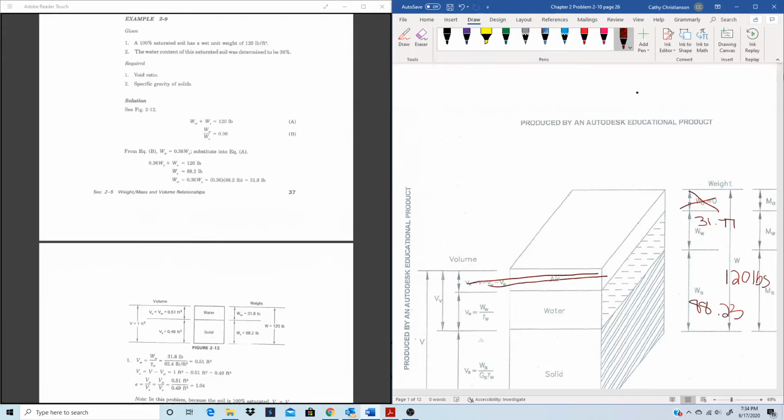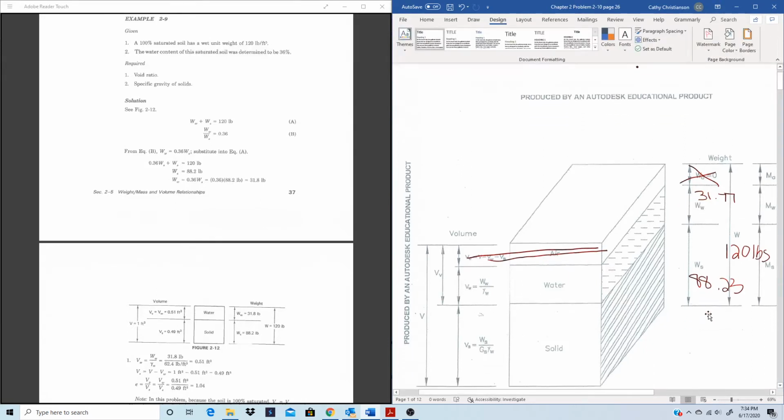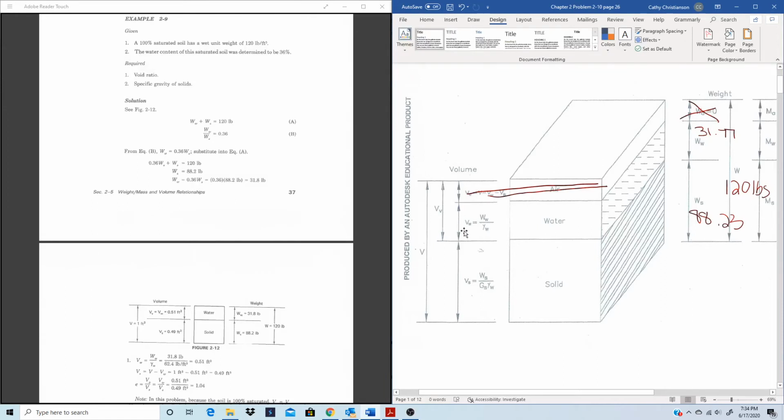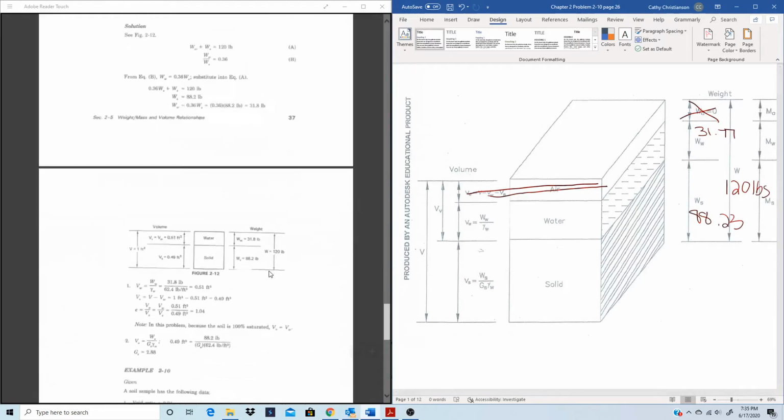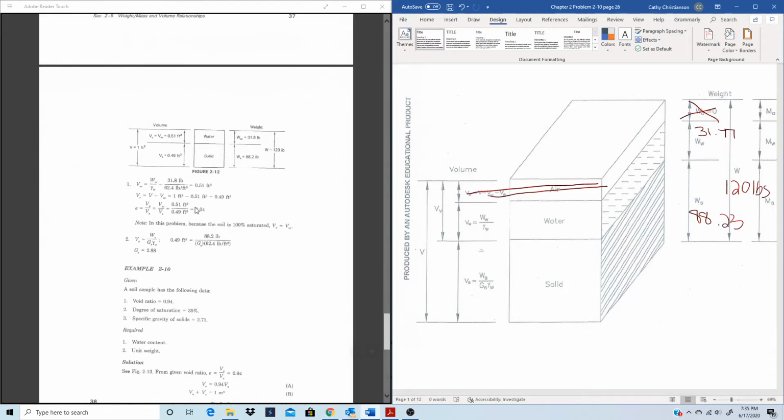Alright, so that tells me with those two values, I now can solve for the volume of the water using this formula because we've got the weight of it, and I also can solve for the volume of the solid because they gave us the specific gravity. No, they didn't. They want us to solve for specific gravity. So I'm going to have to solve that, and then we're going to have to assume 1 feet cubed, and I'll show you what we're going to do for that. So they didn't actually give you, you were just going to have to assume it's 1 feet cubed.